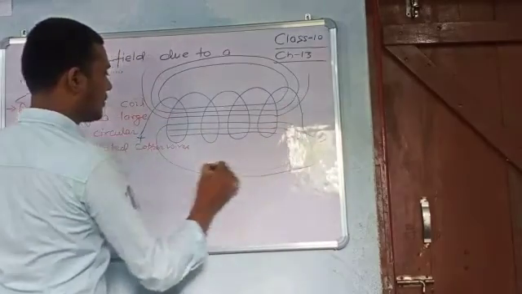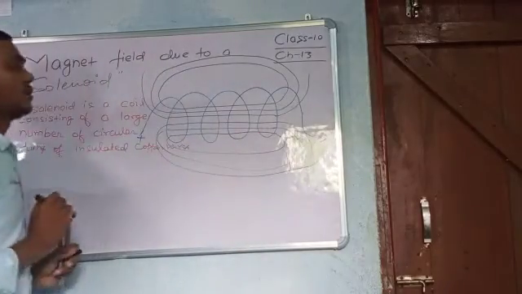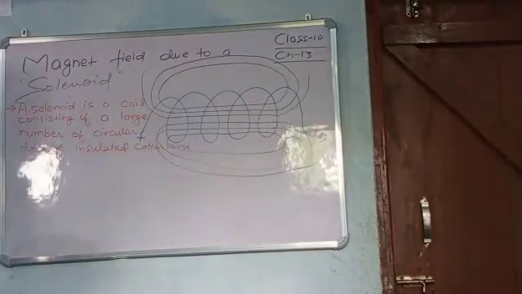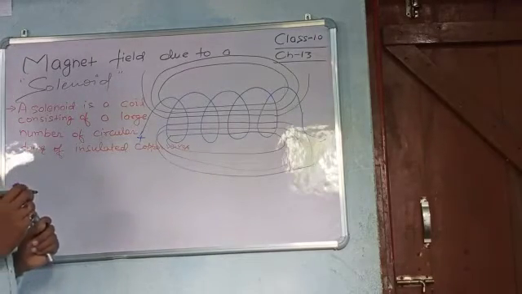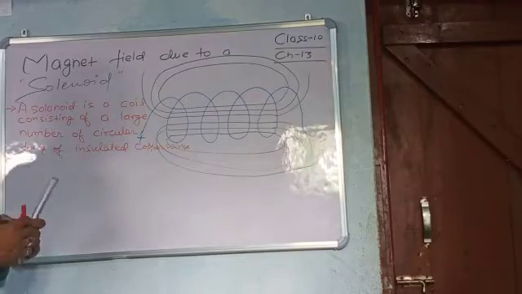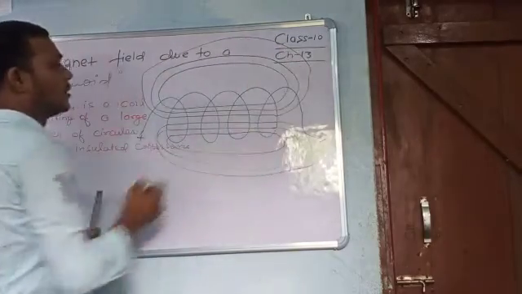So this is all about the magnetic field produced by a solenoid when electricity flows through it.